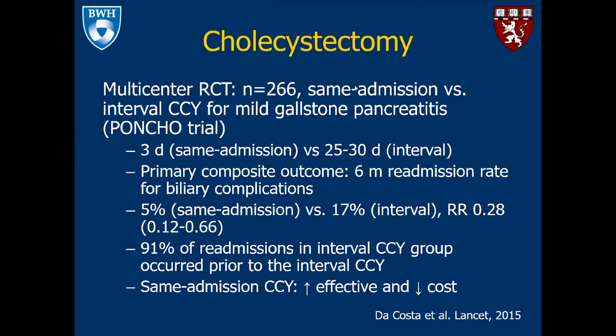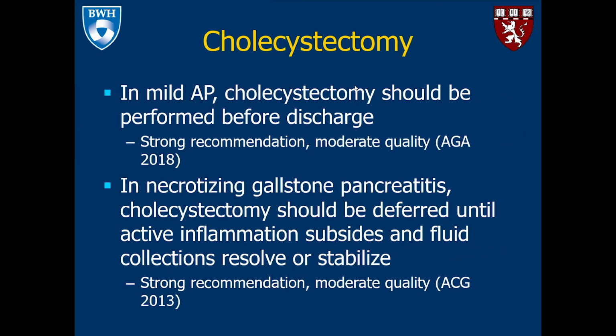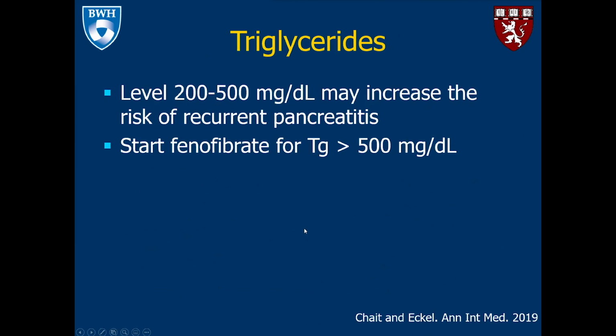So based on this, a same-admission cholecystectomy is highly effective and decreases the cost in mild gallstone pancreatitis. In necrotizing gallstone pancreatitis, though, cholecystectomy should be deferred until active inflammation subsides and the fluid collection resolves or stabilizes.